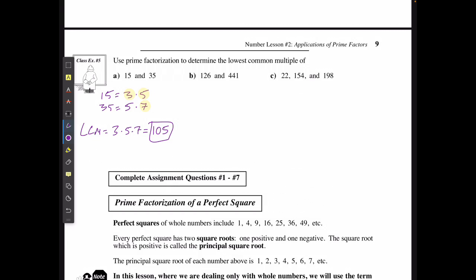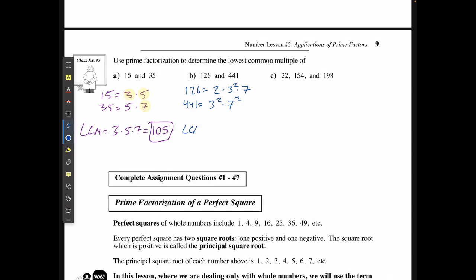If I do the same thing for 126 and 441, then 126 is equal to 2 times 3 times 3 times 7, or 2 times 3 squared times 7. 441 is equal to 3 times 3 times 7 times 7, or 3 squared and 7 squared.